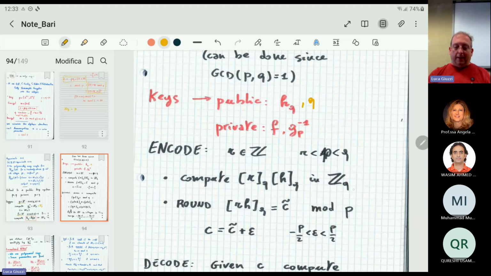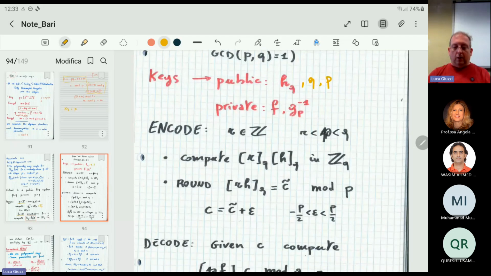We consider this class, we look at it as an element of Z, so we lift this class to the integers. We take the smallest non-negative integer contained in this class. We get a number C dash, and we take the value of C dash modulus P.